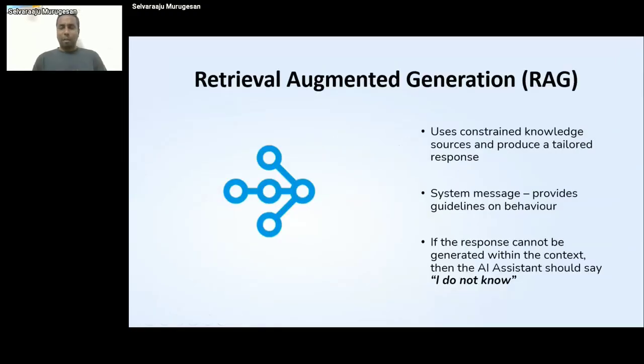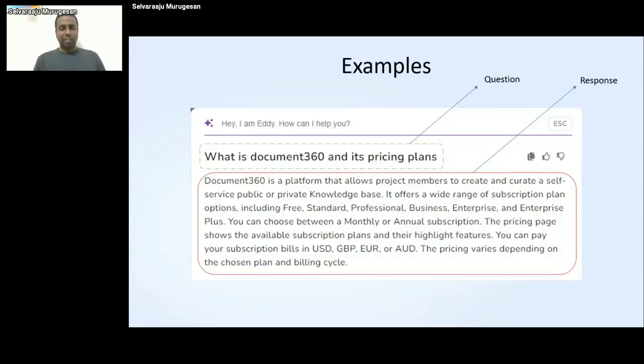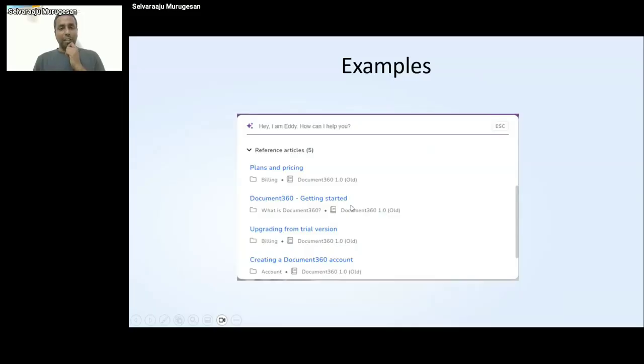So RAG is a popular framework that most chatbots use. I don't want to go into the detail, but let me give you a high-level example. Let's say somebody asks a question like, what is the document changes pricing plan? And this was the response produced by a chatbot. So here is how it was pieced together. It chunks, and it has all these reference articles.